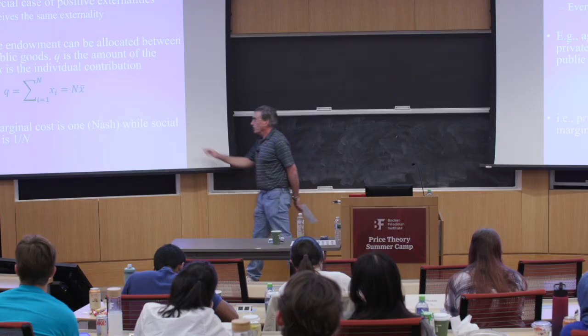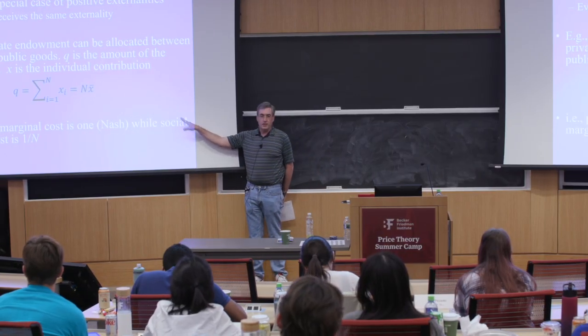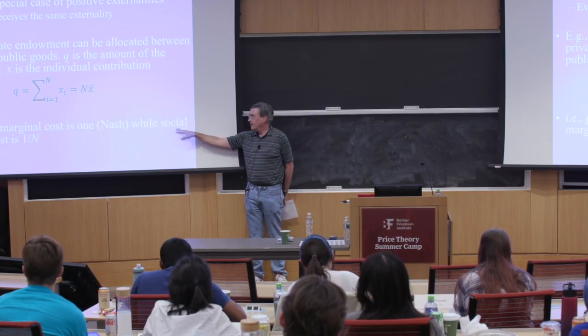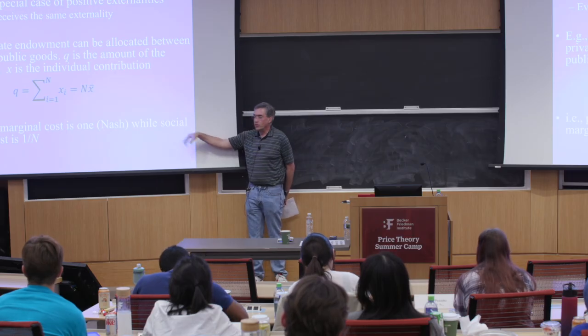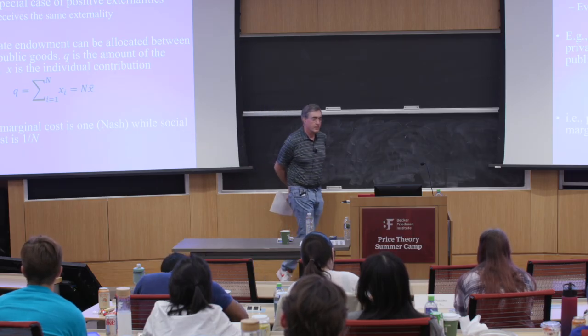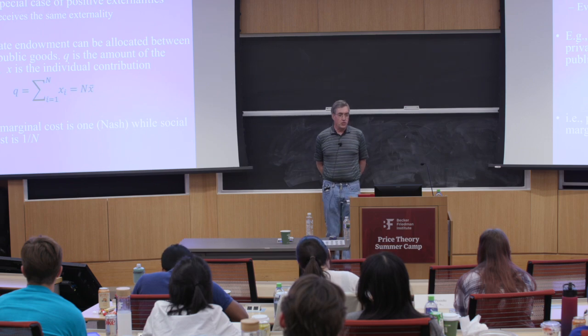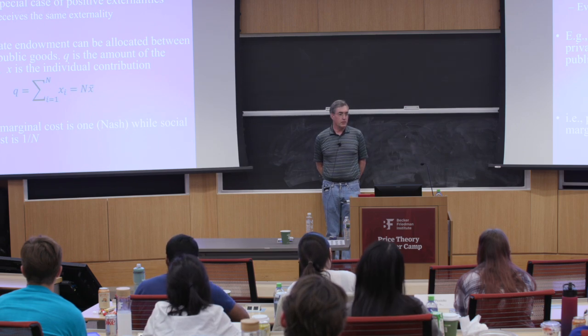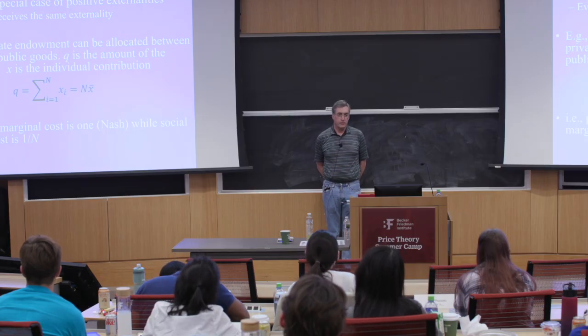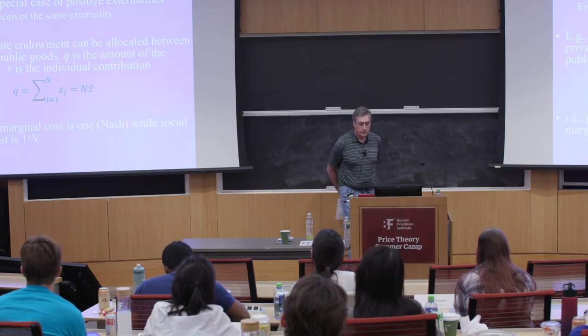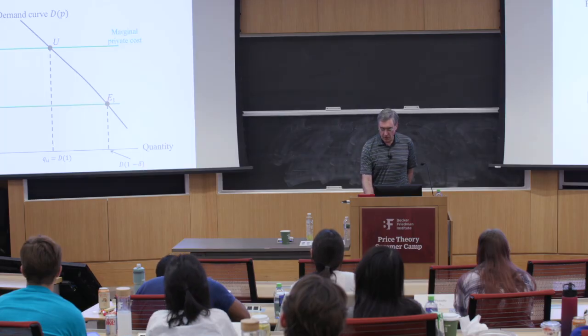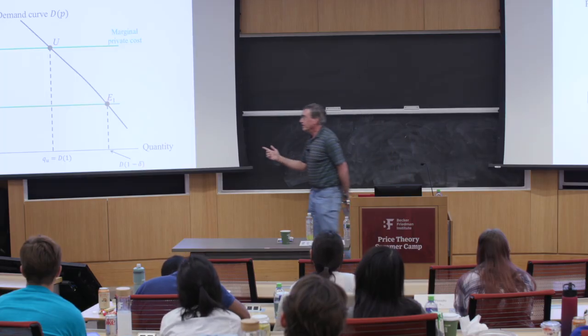So the private marginal cost, which I've called 1 before, is still 1. But the social marginal cost is 1 over N. For each individual to enjoy more of this public good, we only need to get each individual to contribute 1 over N to add 1 to it. So this becomes just a special case of the picture I showed before.